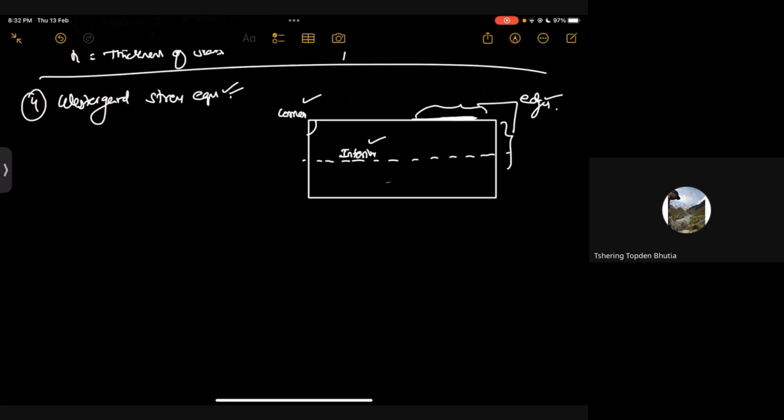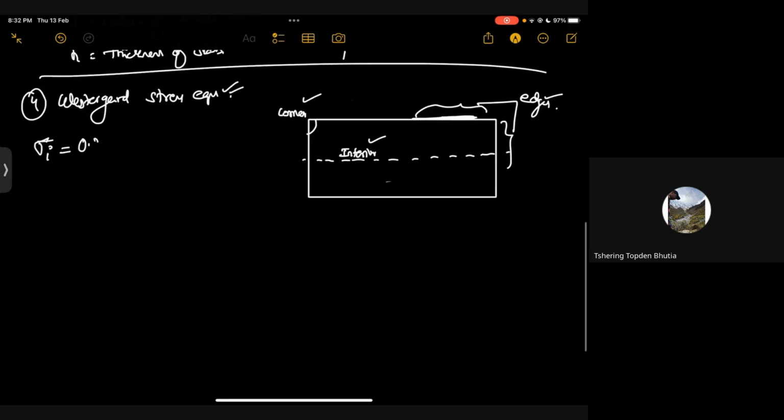So basically, it is for stress calculation. In the interior region, sigma I, the stress, can be calculated by 0.316p divided by h square into 4 log L by B plus 1.069. I have not written anything under the log, which means base 10. Please remember that.